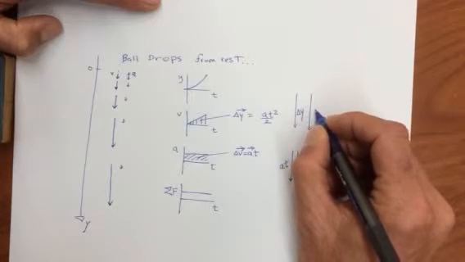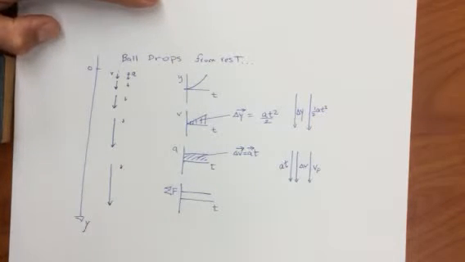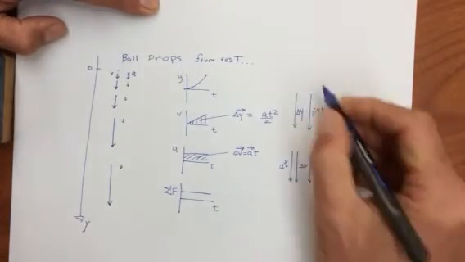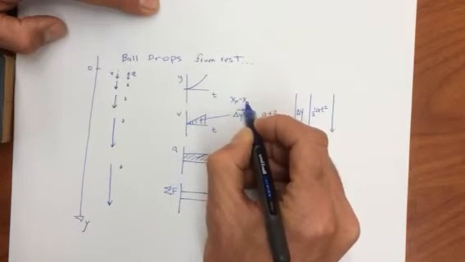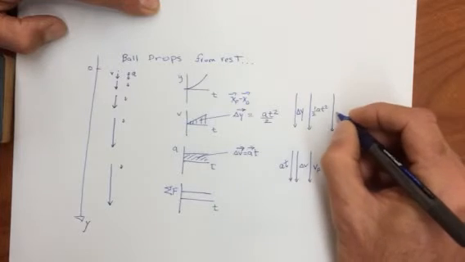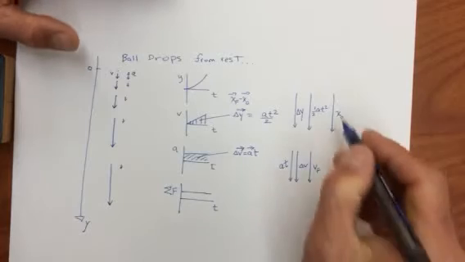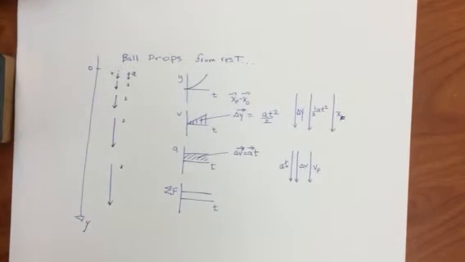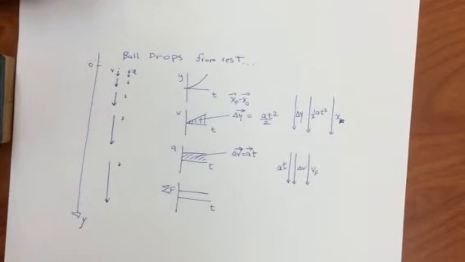So I'll just leave this as 1/2 AT squared vector. And it's also kind of interesting, if I start from rest, my final position vector, because delta y is equal to final position minus initial position, this tells me also where I'm at relative to 0 position. That's my final position. So these are all the things we know from just an object being dropped from rest.